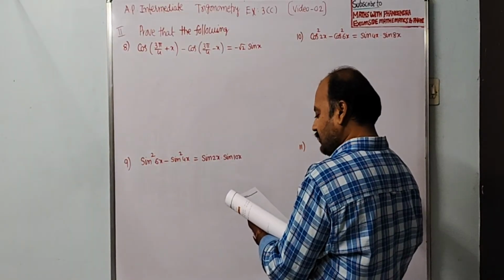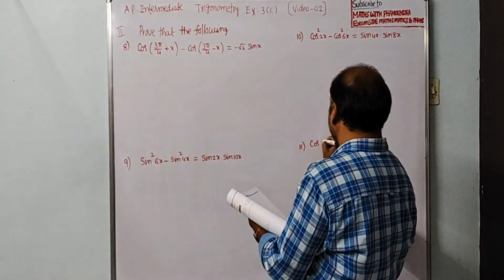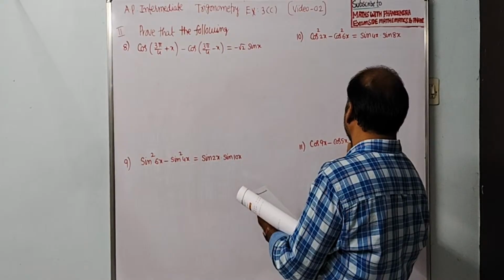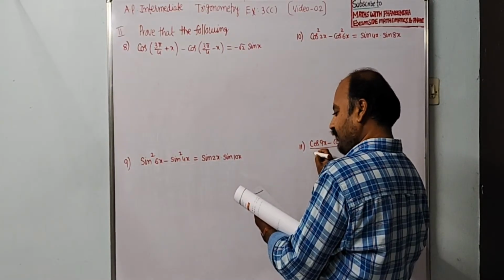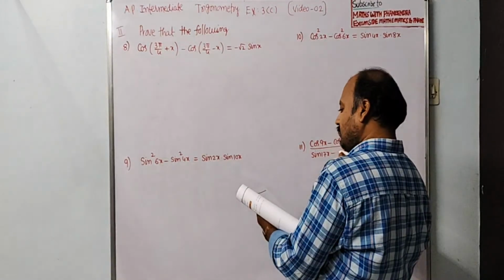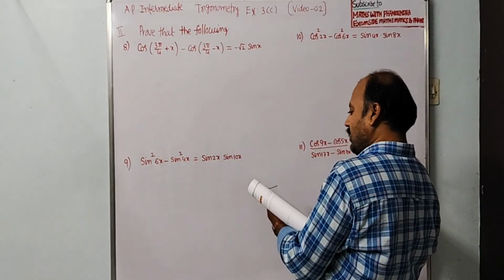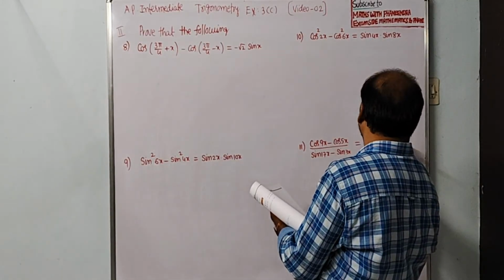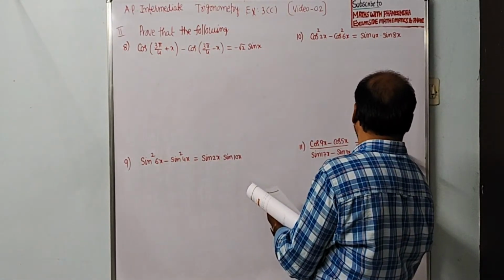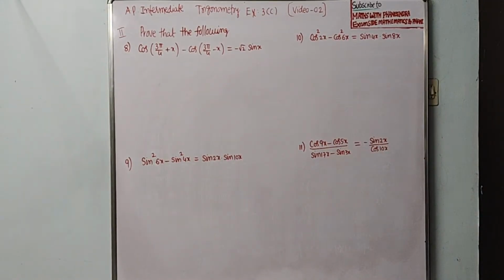Based on the space, I will explain to you students. Cos 9x minus cos 5x divided by sin 17x minus sin 3x is equal to minus sin 2x divided by cos 10x. So these are the questions.